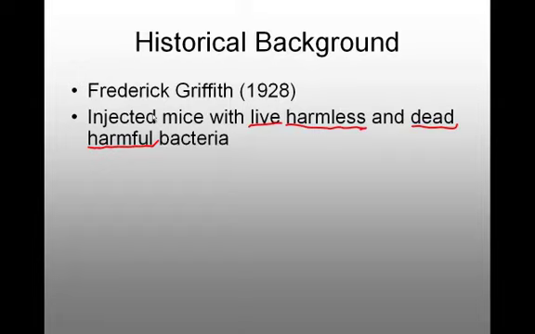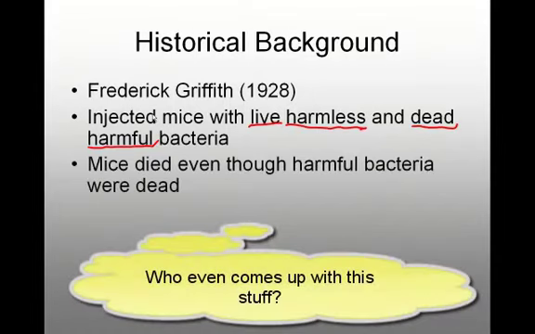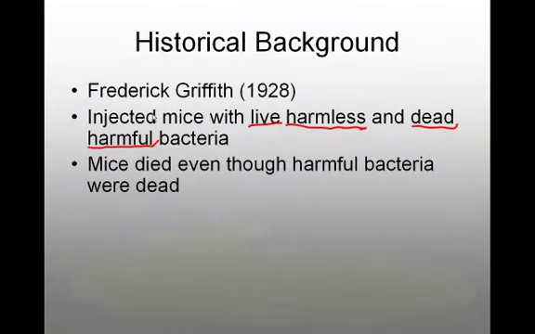So he injected mice with a combination of these. He took live bacteria that didn't make them sick, mixed them with dead bacteria that would make them sick, and put them in the mouse together. And what happened was, even though the harmful bacteria were dead, the mice died anyway.